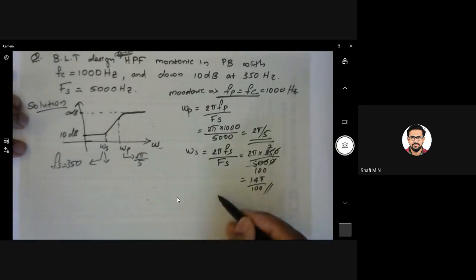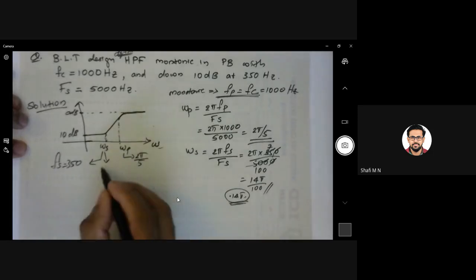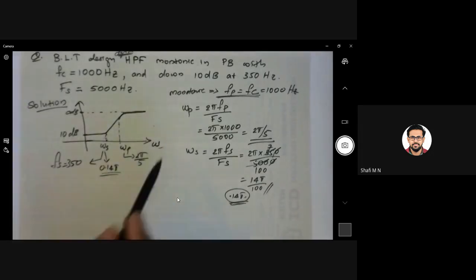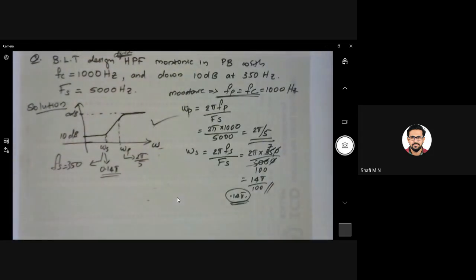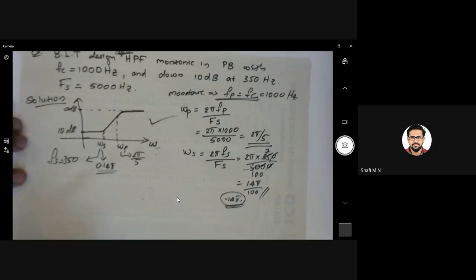So that will be 0.14 pi. Just that is enough. So this will be 0.14 pi. So this is the normalized frequency response. So this is what I want. It is very important to understand what is required in this step. Everything will be fine. So can I start with these digital frequency components?